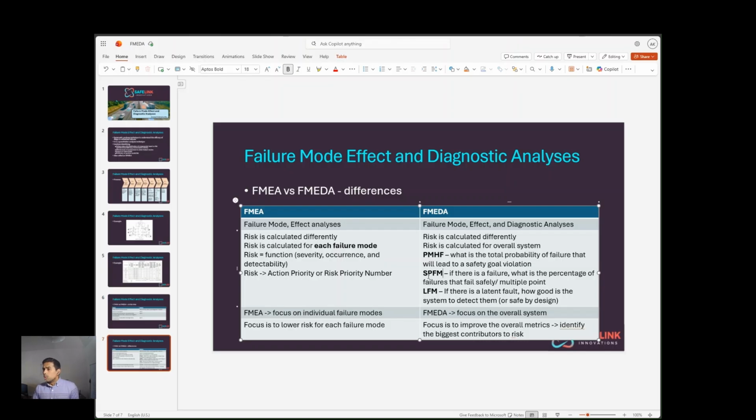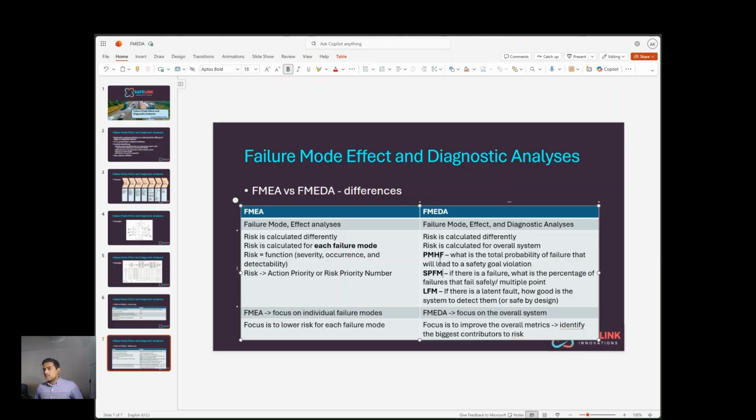And notice that in both these cases, or even in the case of PMHF, we are not talking about individual failure modes. We're talking about the overall system. This is an overall system metric. We're not talking about individual failure modes like the FMEA talks about, but we're talking about the ability of the overall system and all the failure modes of the system.